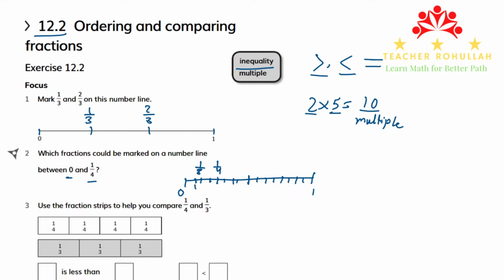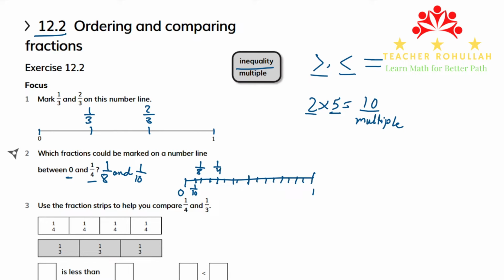So 1/10, which is here, can also be between 0 and 1/4. We can have other fractions also, but I think these two are enough. We can write 1/8 and 1/10.